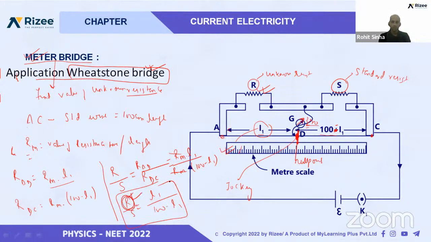Questions come, and using this process and formula we find the value of the unknown resistance. We will solve some questions to clear our concept of how it works.